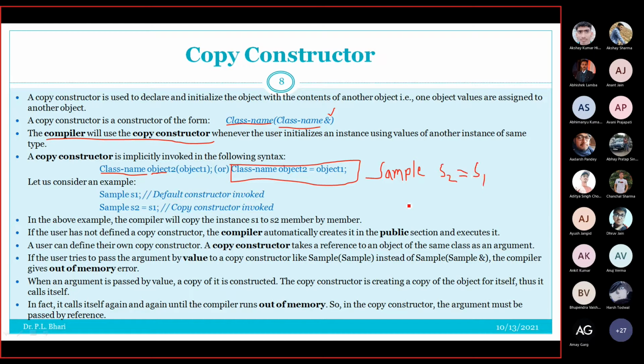You have another way also. You put the class name Sample, you create the new object, and you can put the previous object as a parameter.